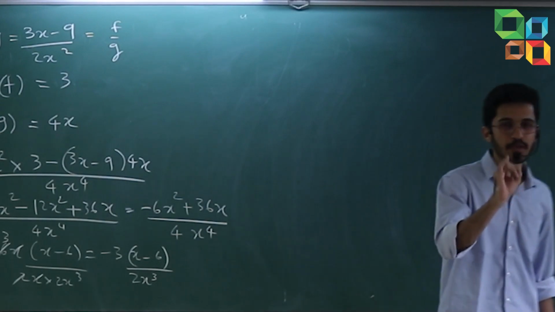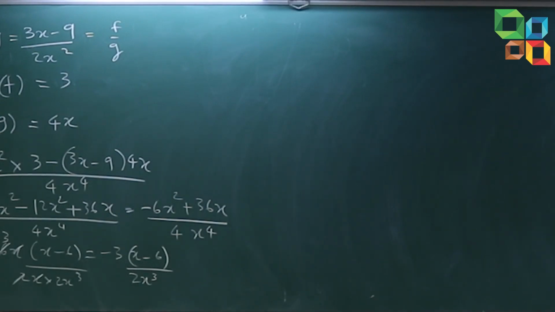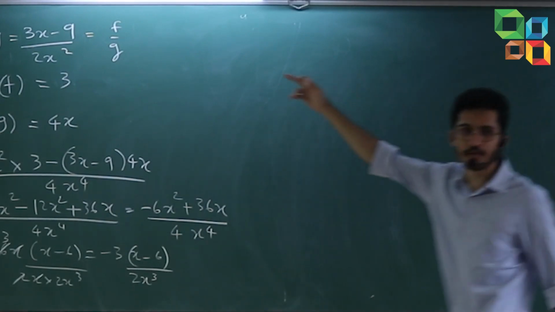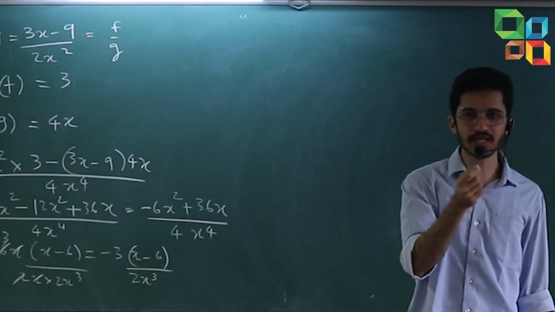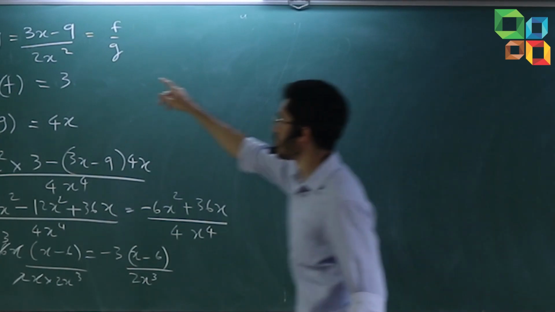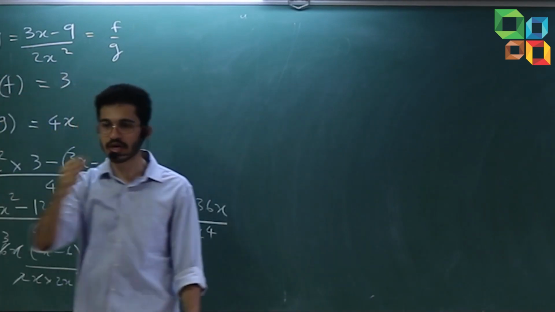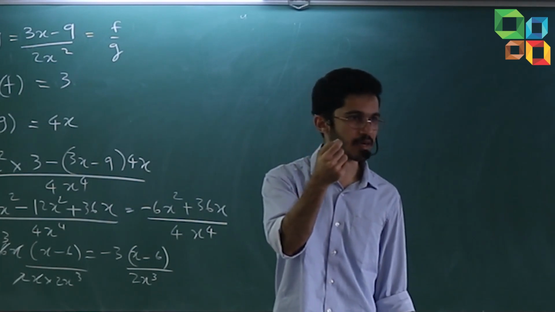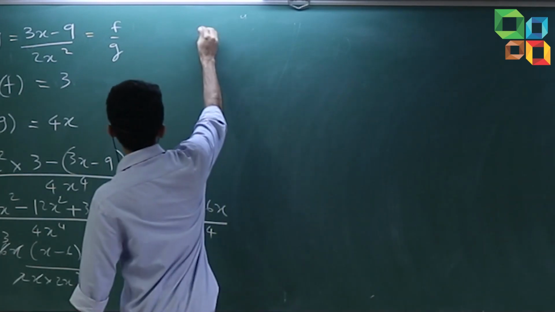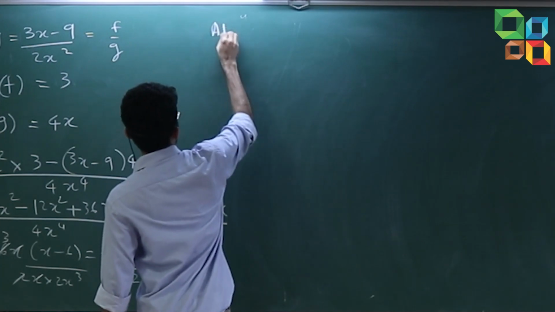Fine. Next step is to substitute. You have to substitute some value for x. But x is not given to us. Instead, what is asked? The point where the curve intersects the x-axis. What happens to the y-coordinate when the curve intersects the x-axis? Y-coordinate is 0 on the x-axis, right? So we can plug in y equal to 0.